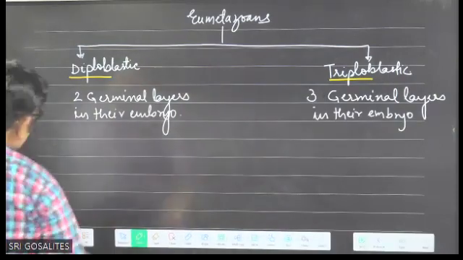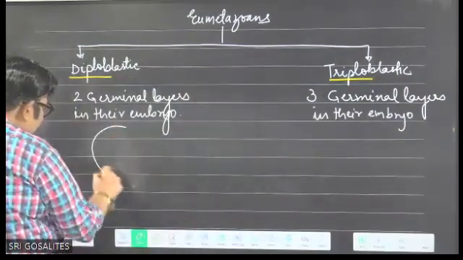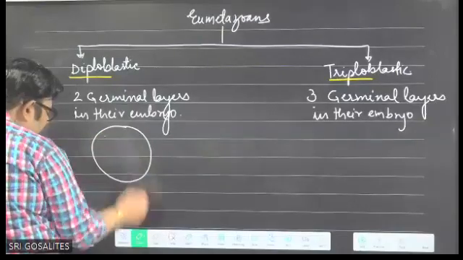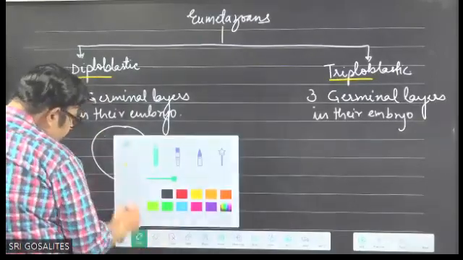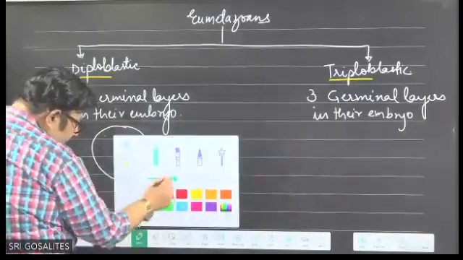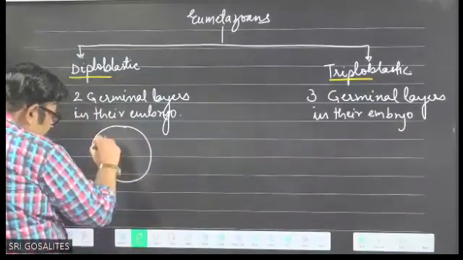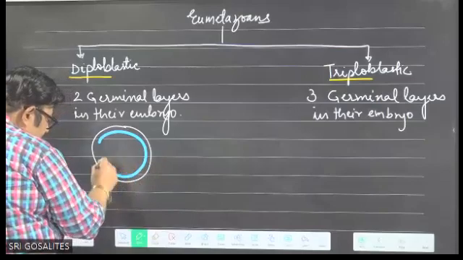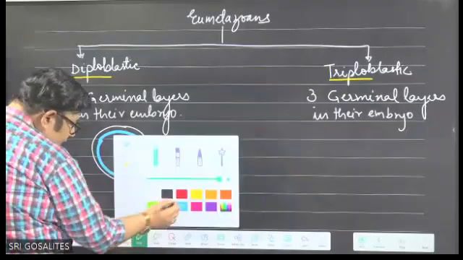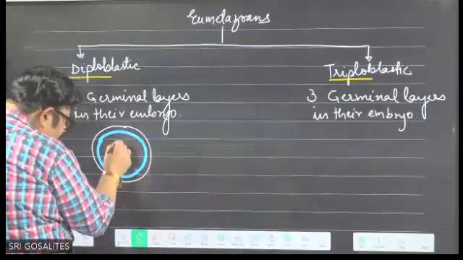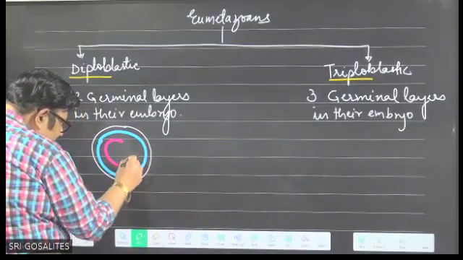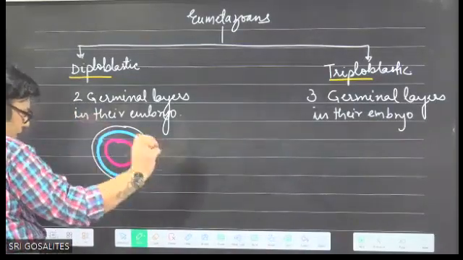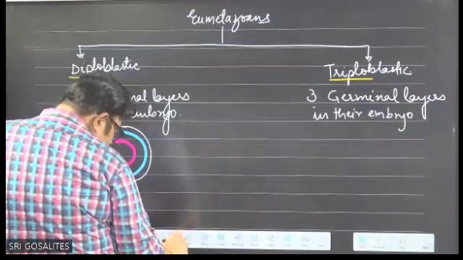The two germinal layers: the outer one I'll make in blue color, and the outer one can be called ectoderm. The inner one can be called endoderm. Understanding? Got it? Wonderful.